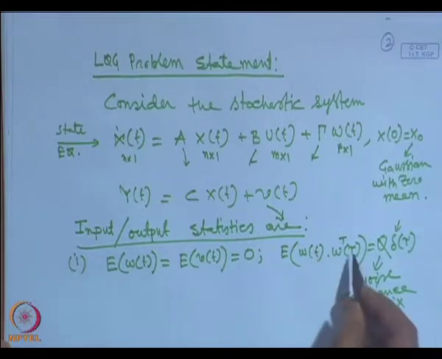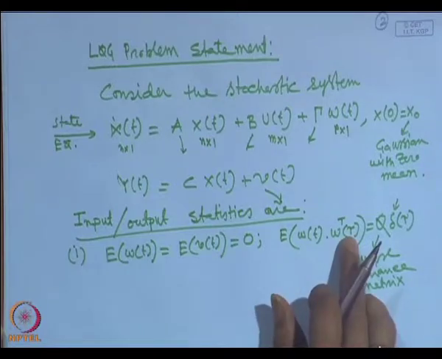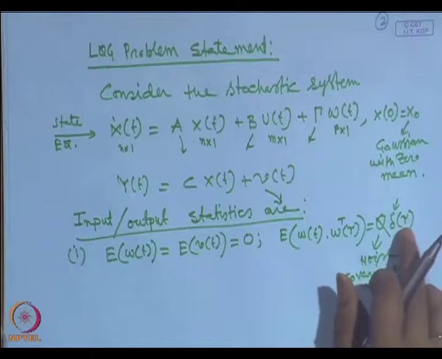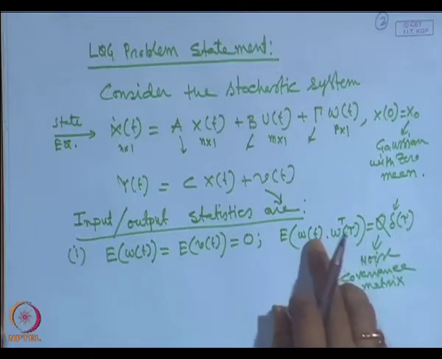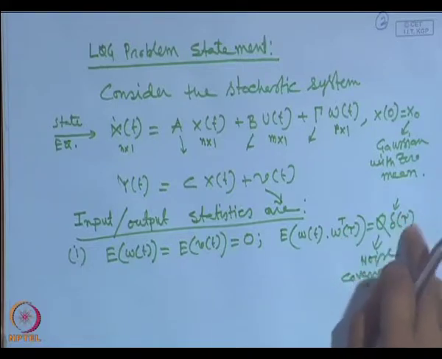So, in place of this one, when tau is equal to t, this value is 1. When tau is not equal to t, this value is 0.